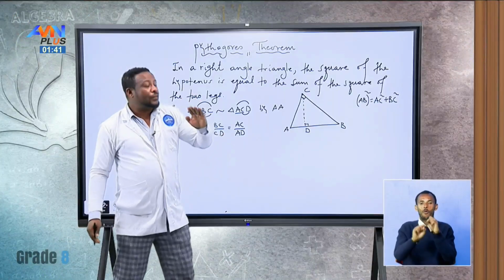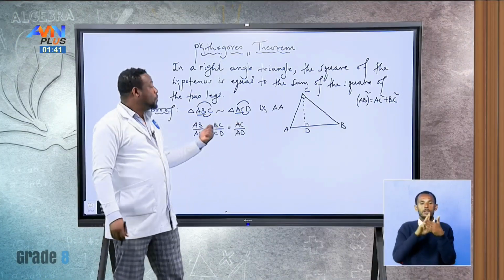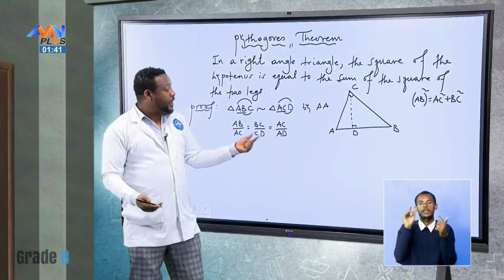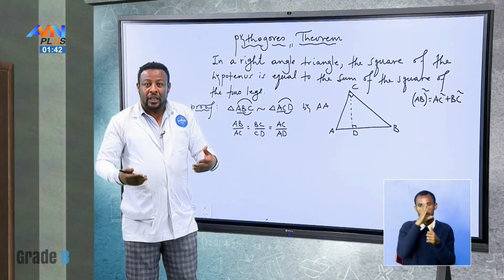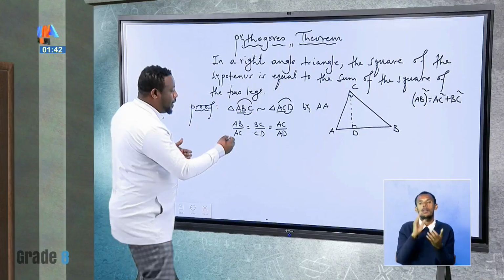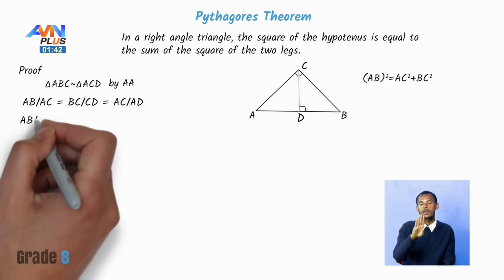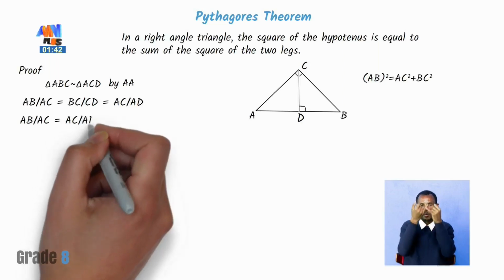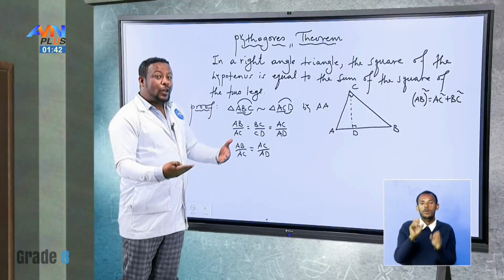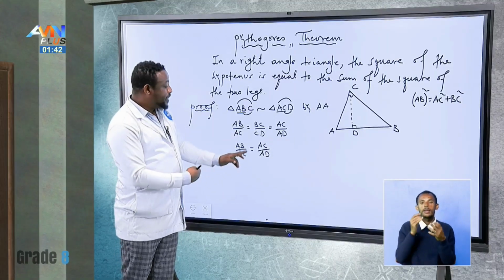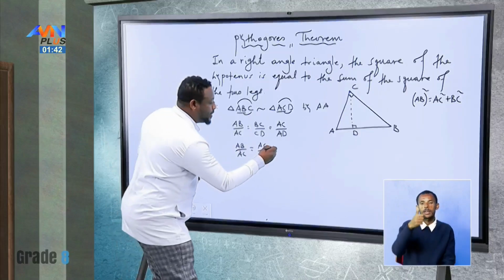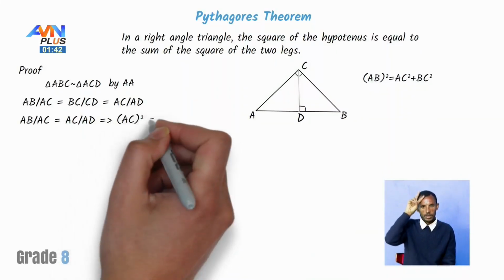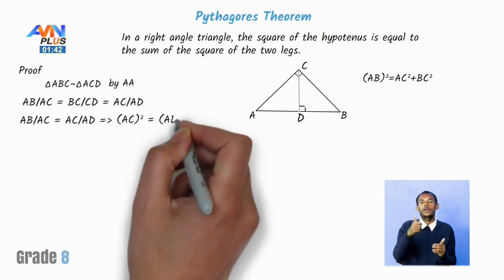From this ratio, you can take the first and the third: AB over AC is equal to AC over AD. Now you can cross-multiply: AC times AC becomes AC square, which is equal to AD times AB.